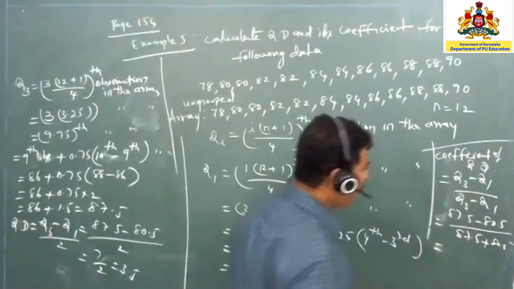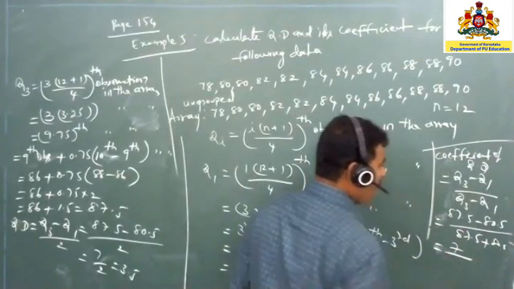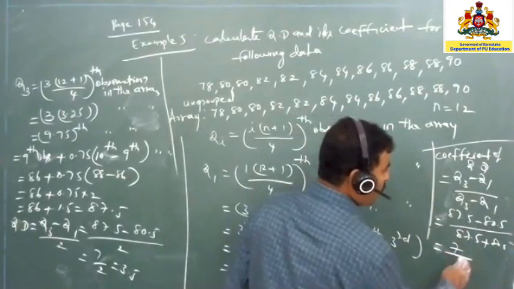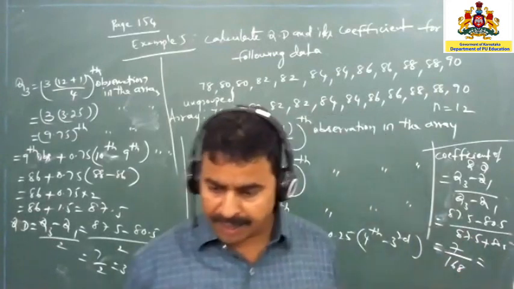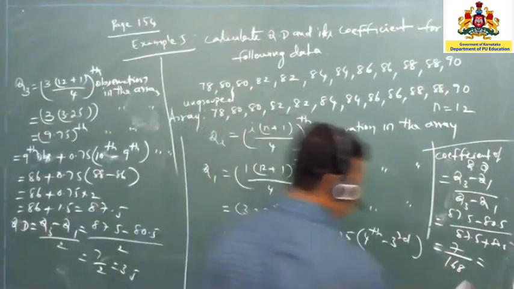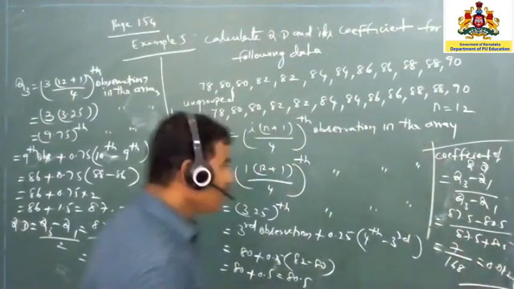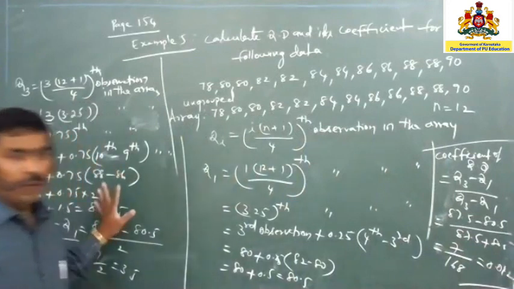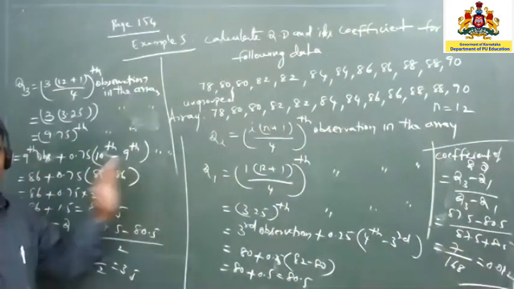So 87.5 minus 80.5 is 7, by 168. You will get the answer as 0.042. So like this you can find the quartile deviation for an ungrouped data.